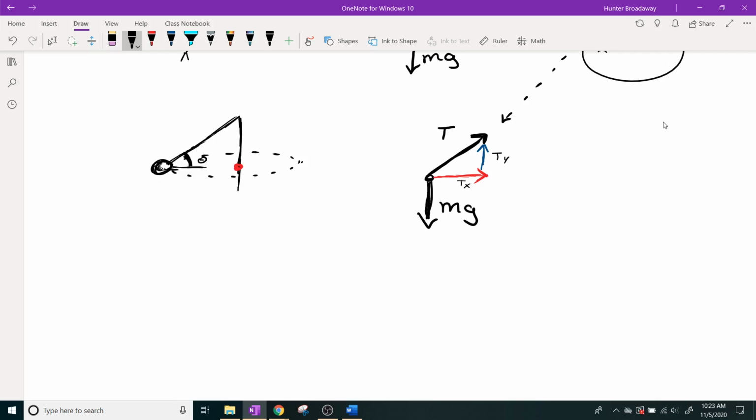And this force down here is the centripetal force. Not the whole tension in itself, but just the horizontal component of this force is the centripetal force in this case. We can't use the whole thing.